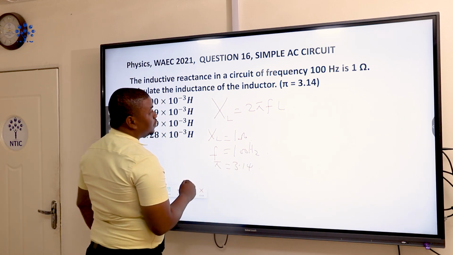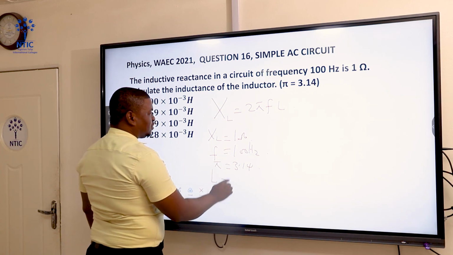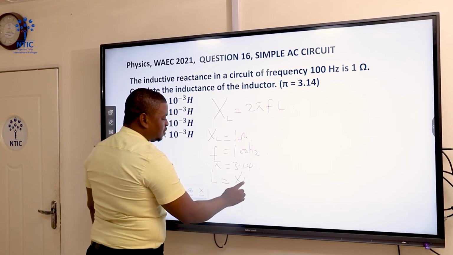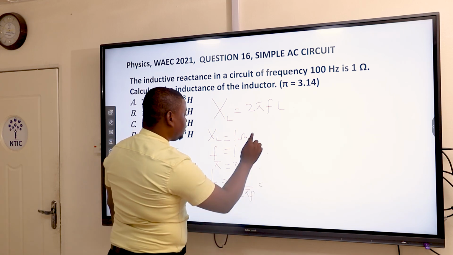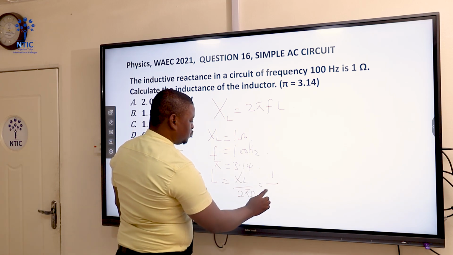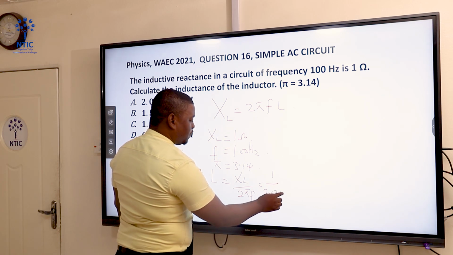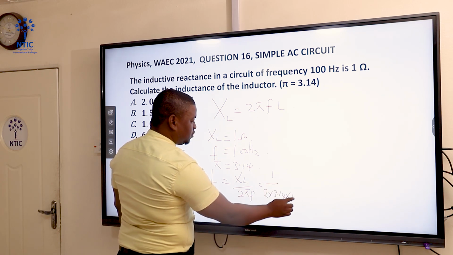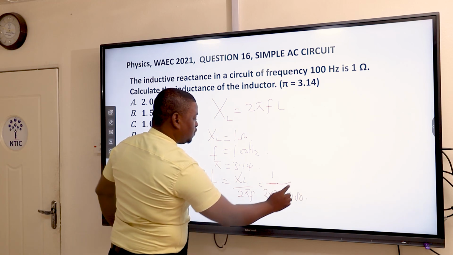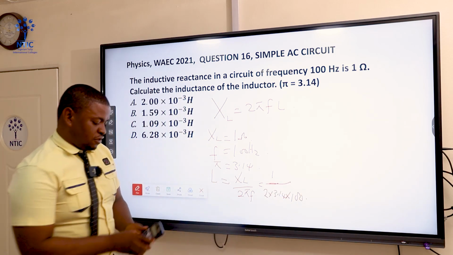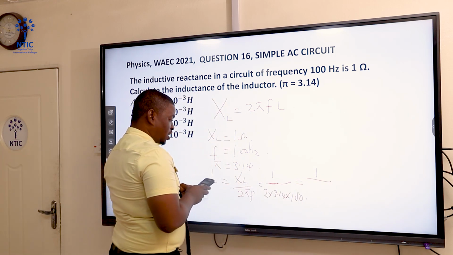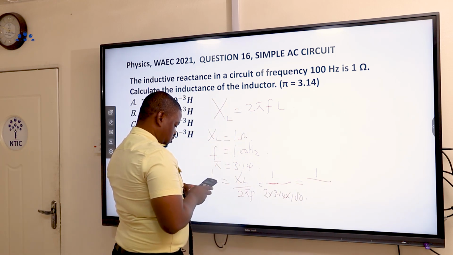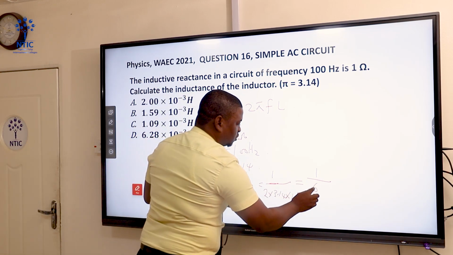If I'm to look for the inductance L, I make L the subject of the formula, so I'm going to have XL over 2 pi F. So my L is 1 over 2 times 3.14 times the frequency, which is 100. That will give me 628.